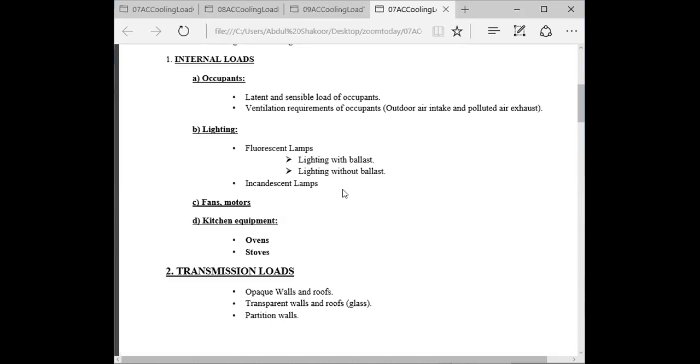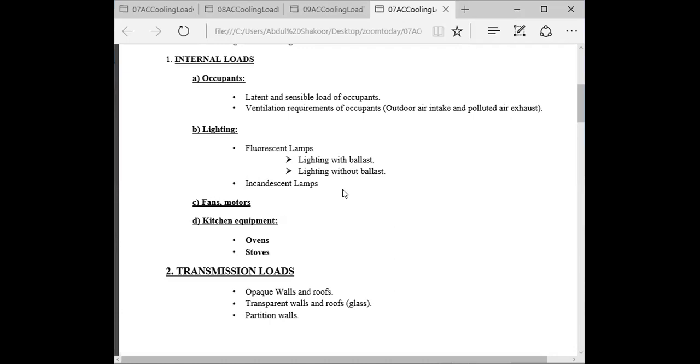Now, lighting. Everywhere inside premises we need lighting, because these days natural lighting is very rare inside huge buildings, multi-story buildings, office buildings. In small houses it may not be required in the daytime, but at night it is required. Here two types are mentioned: fluorescent lamps and incandescent lamps. Incandescent lamps are now obsolete.